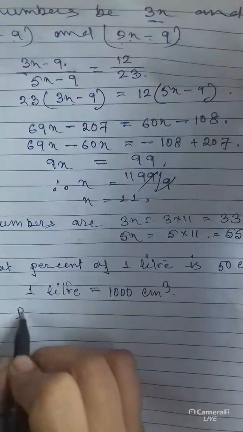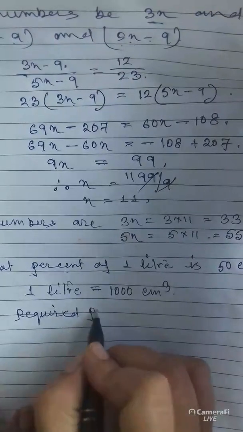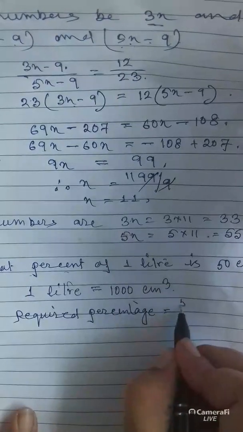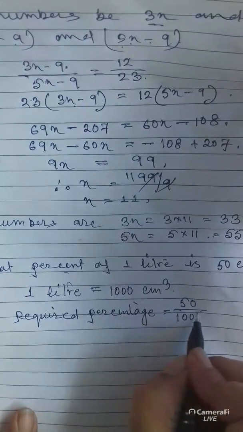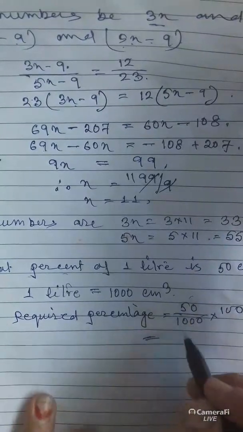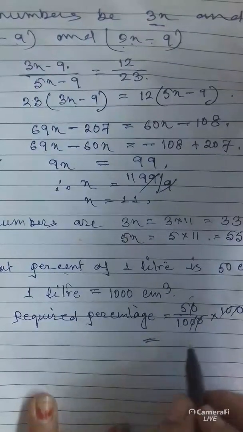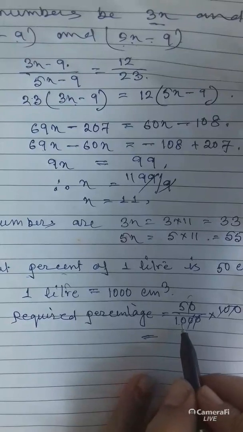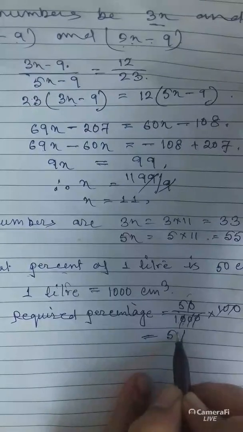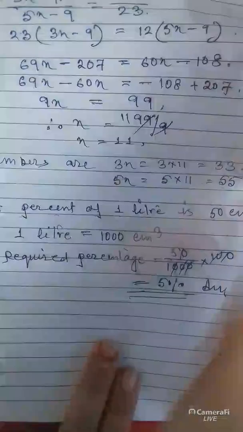Then required percentage equals 50 by 1000 into 100. Zeros cancel, and we get 5%. Answer is 5%.